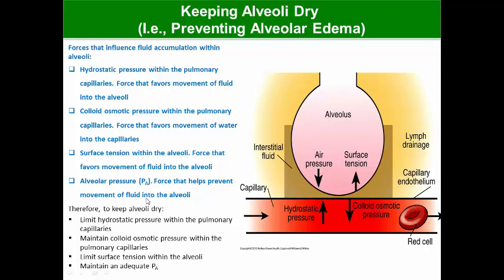So in order to keep the alveoli dry, we need to limit the hydrostatic pressure within the pulmonary capillaries, and we need to maintain the colloid osmotic pressure. We need to limit the surface tension, and that's why we have the surfactant, and we need to maintain an adequate pressure inside the alveoli.